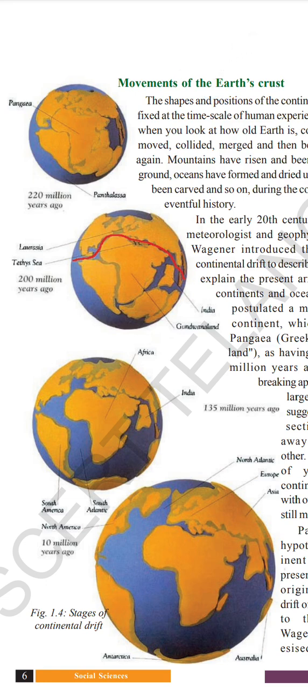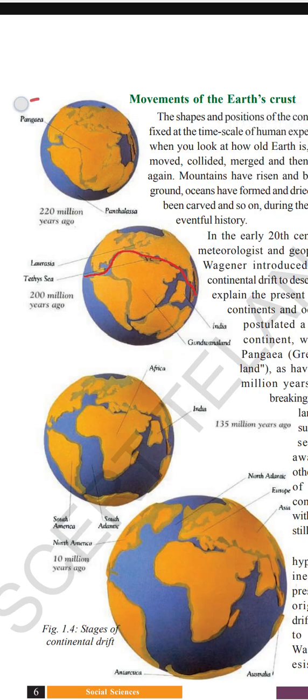Students, you can look here. See, the entire complete landmass was known as Pangea. Later, there was a split, and this landmass was split into two subgroups with the help of the Tethys Sea, which passes through and divides the landmass into two.